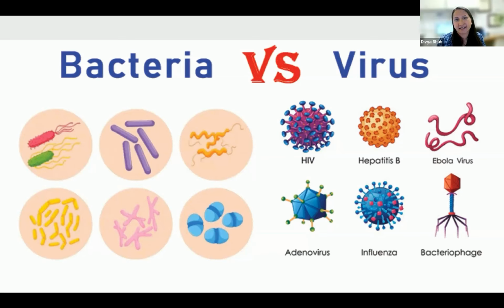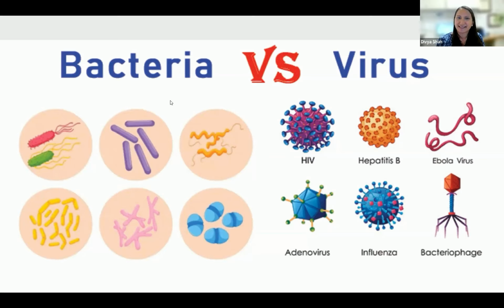Adenovirus to the left of that is something that can cause a common cold. It can cause pink eye. It can cause GI distress or diarrhea. Very common virus. Ebola, I'm sure you've heard of. HIV, it's in the name, human immunodeficiency virus. That's another example of a virus. And then hepatitis, both B, C, and other types of hepatitis, those are all viruses.